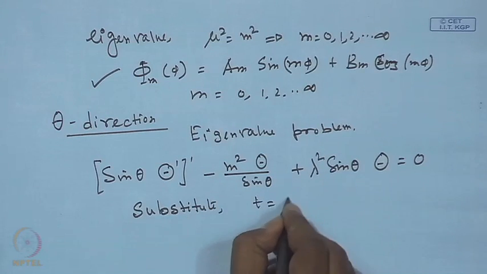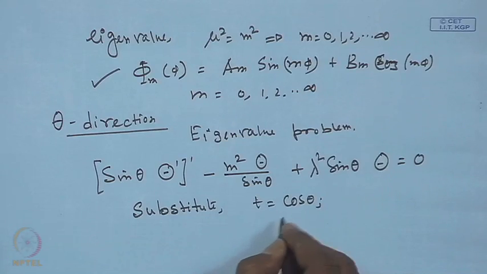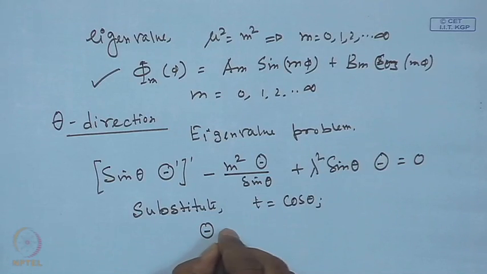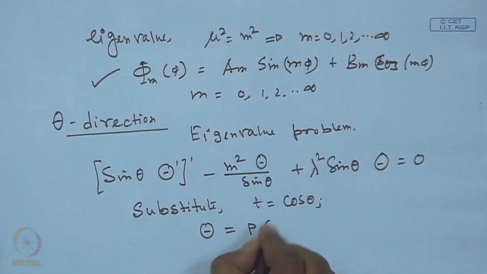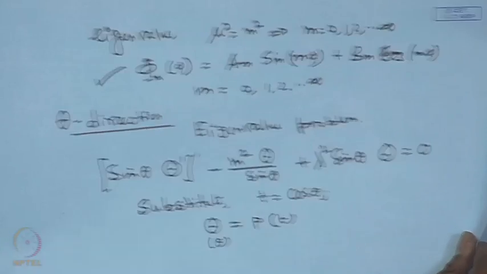So, we substitute t is equal to cosine theta, and we write capital Theta is equal to P of t, where capital Theta was a function of theta. In this form the equation is a Legendre equation, which we have already seen.